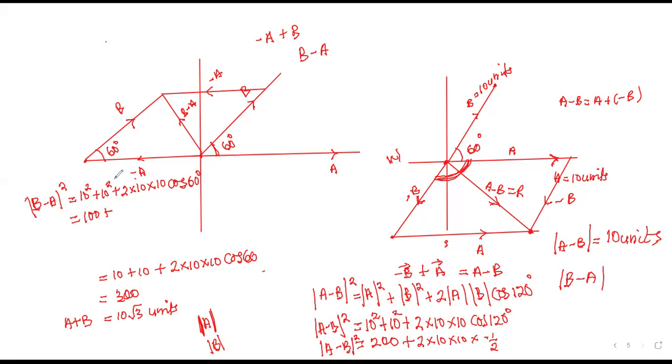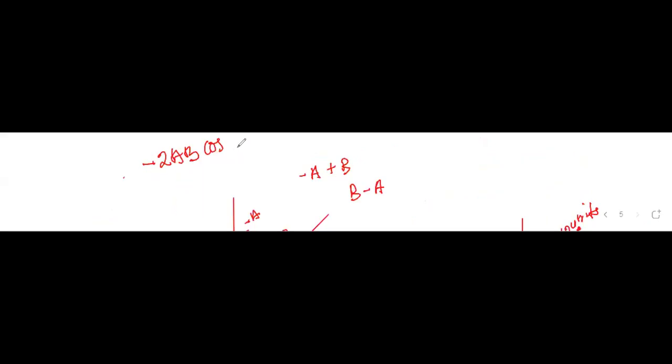So, sir, what will you do before it becomes minus 2AB? When you use the corresponding obtuse angle, cos 180 minus theta, that is when it becomes negative. But if you are using the angle between the two vector quantities, it is plus. Go and watch the previous videos. I hinted on this.